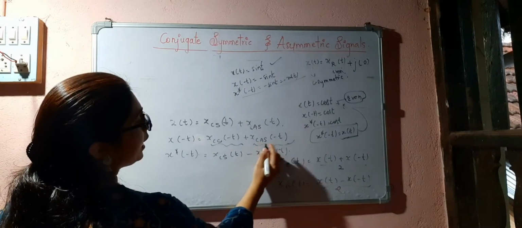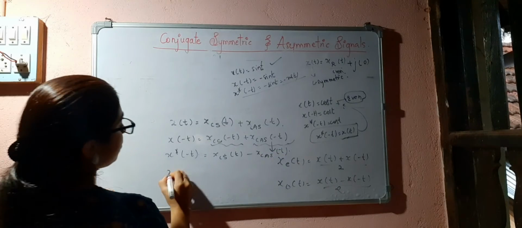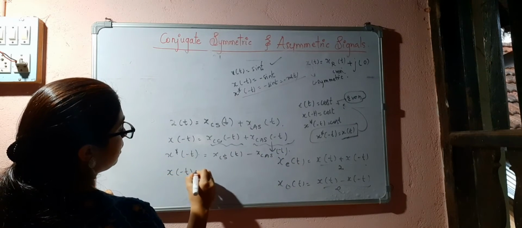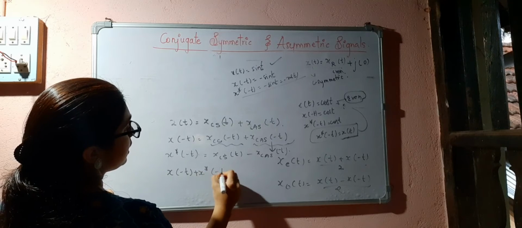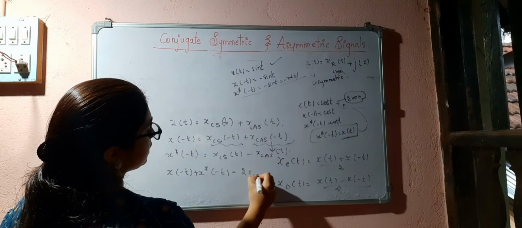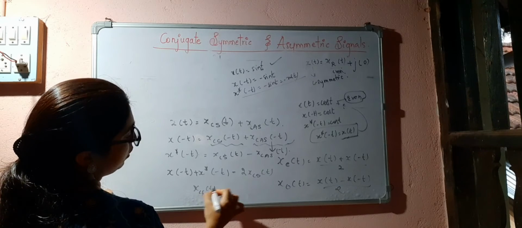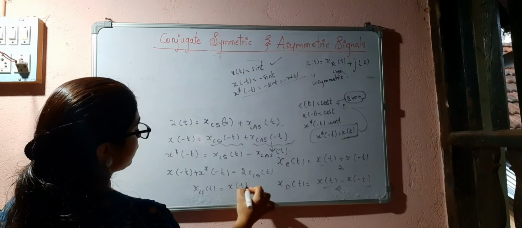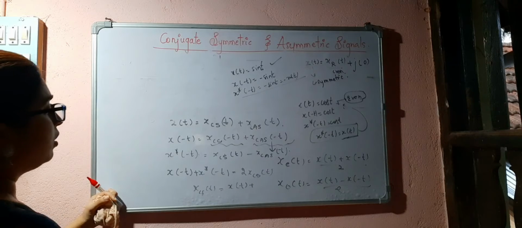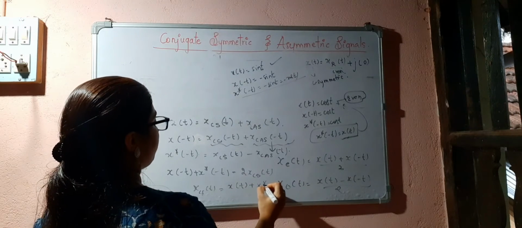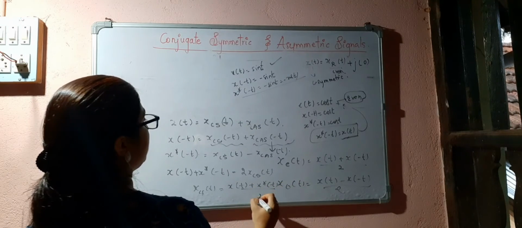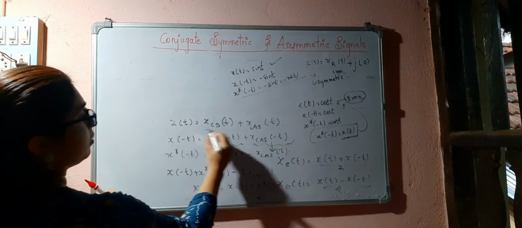Okay, this is odd, right? Now it is x of t plus x conjugate of minus t. It is equal to 2 x_cs of t. So x conjugate symmetric of t is equal to x of t plus x conjugate of minus t divided by 2.